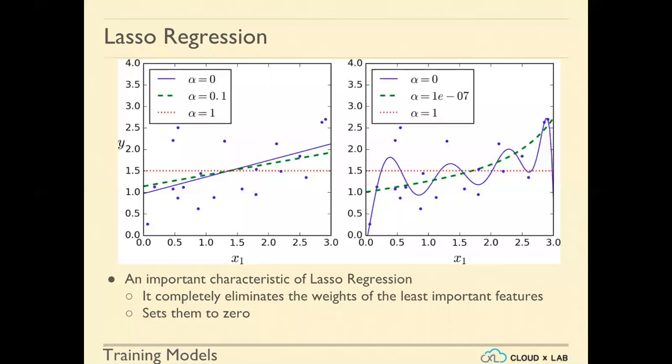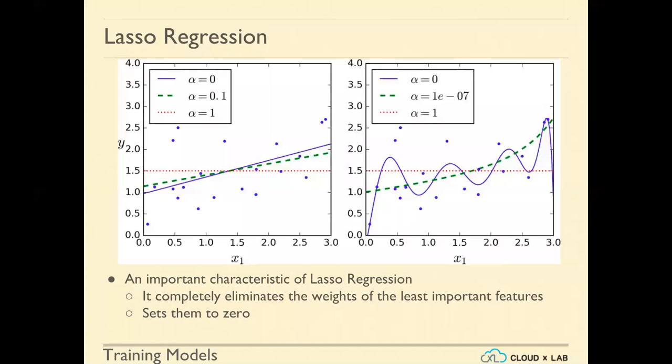Let me take a step back and try to answer that. Lasso is great when we want to just eliminate some of the features, while ridge is great when we want to reduce the noise in some of the features.